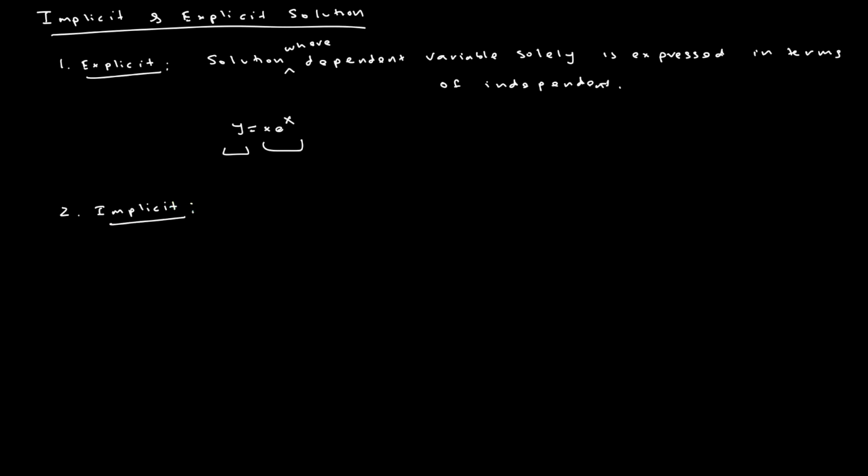Implicit is basically where the solution can also be defined in terms of the dependent variable.